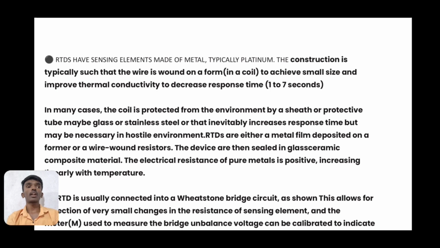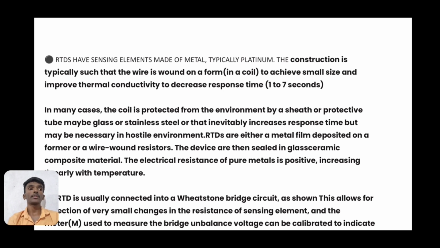or stainless steel, which inevitably increases response time but may be necessary in hostile environments. Resistive transducers are either in a metal form disposed on a ceramic material, and the material resistance of pure metals increases positively, almost linearly, with temperature. A resistive transducer is usually connected into a Wheatstone bridge, as shown in the figure.